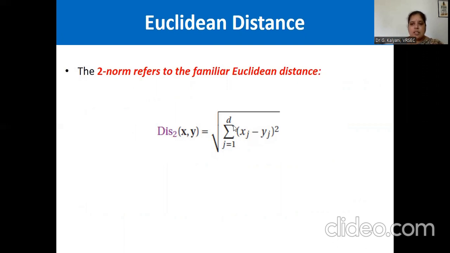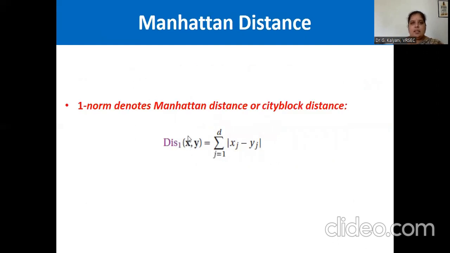Here also d is the number of dimensions expressed for instances x and y. And another distance is Manhattan distance or city block distance, in which the value of p is considered as 1. That's why it is also called the one norm distance, and the formula is sigma j equal to 1 to d of mod xj minus yj.